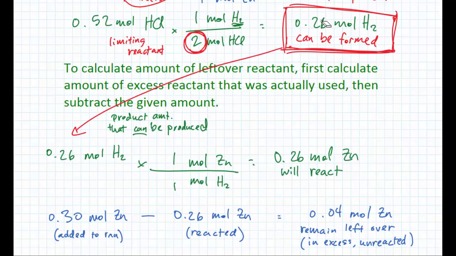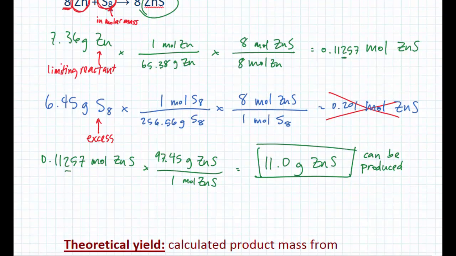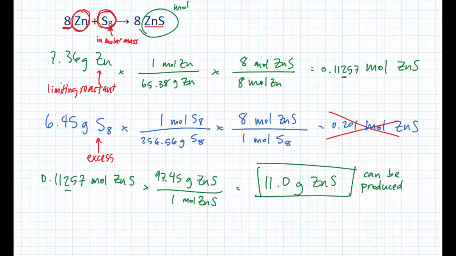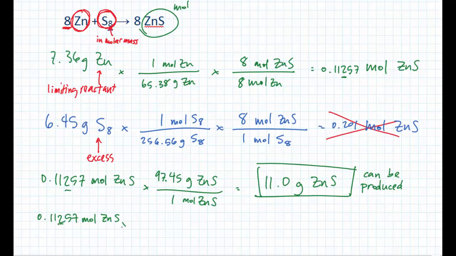All right, let's look back. What we did next over here, okay, we had moles of a product that can be formed. To do the excess, we took those moles of product, we calculated how many moles of reactant would actually react. Okay? So let's do that. Let's take the 0.11257 moles.